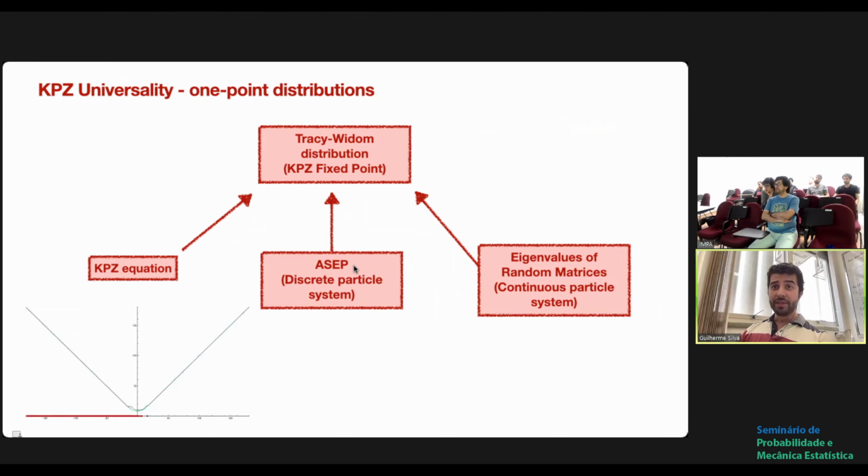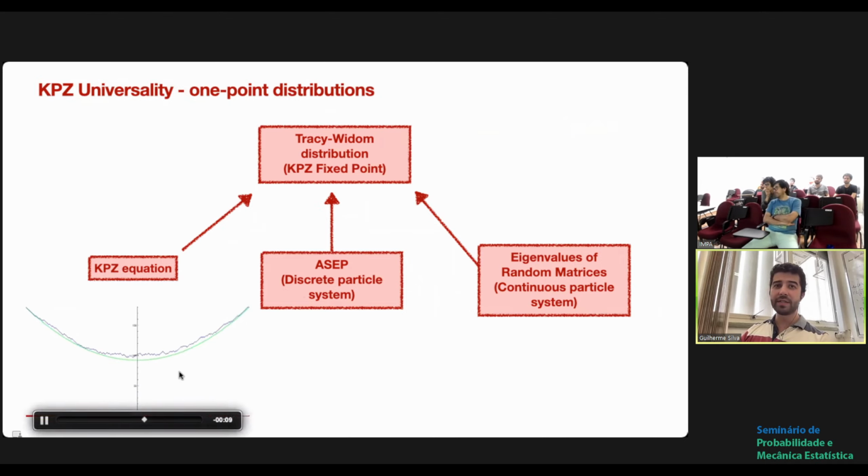Another result, which is, I guess, the first time that I can remember, was given by Tracy and Widom as well in 2007, 2008, concerning the ASEP. ASEP is a certain scaling here of this particle system, or it's precisely this particle system that you see here in the video.